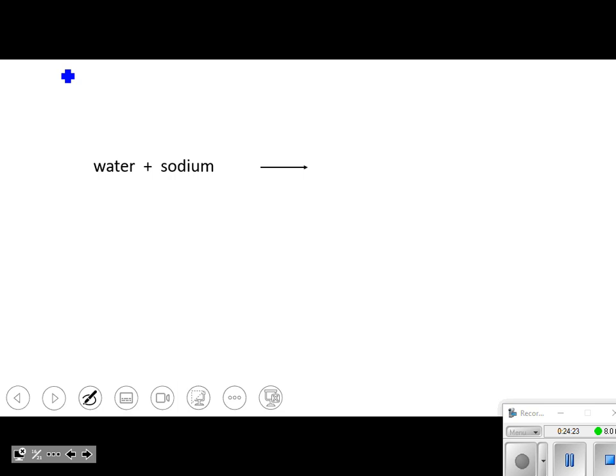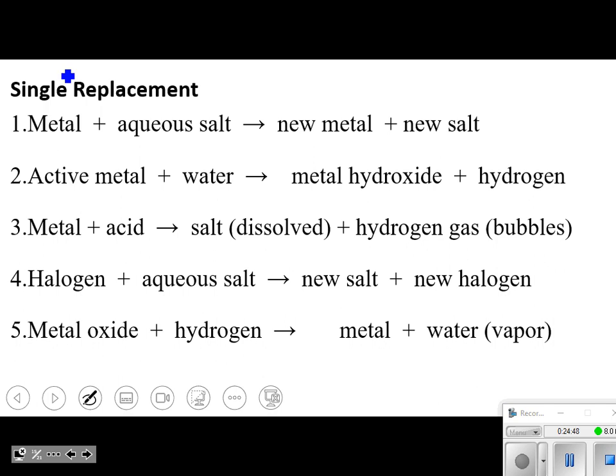Water and sodium. Now, once again, I remember having this water right here. Now, is that water the same as I had before, steam?